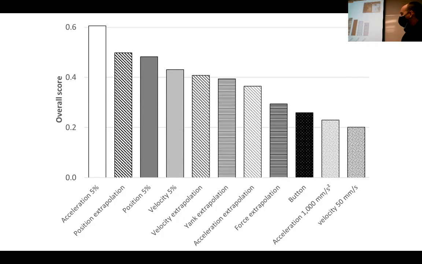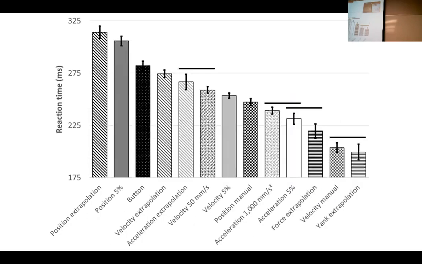Now, we measured 4 characteristics of each measure to get this overall score, and the button performed really well on three out of 4 of them. The one it didn't perform very well on is here, and it's reaction time, which really should be total response time. Here, the lower the score, the better. The position extrapolation method, which we don't need to worry about understanding, has a giant overestimation of reaction time.